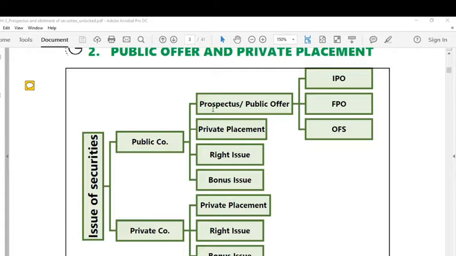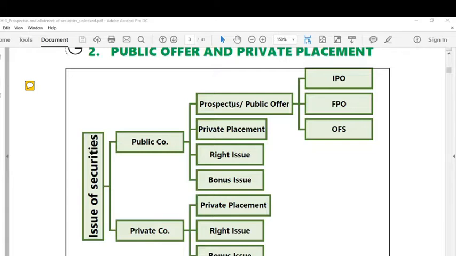So it can acquire its required capital by issuing a prospectus. This is the first mode of acquiring capital by issue of securities in case of a public company. Prospectus means nothing but a public offer.